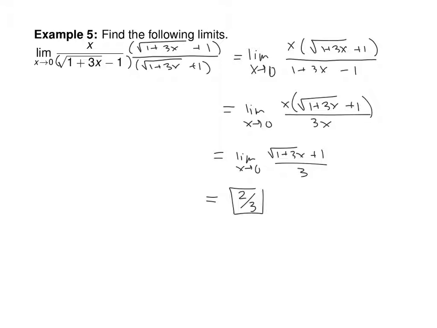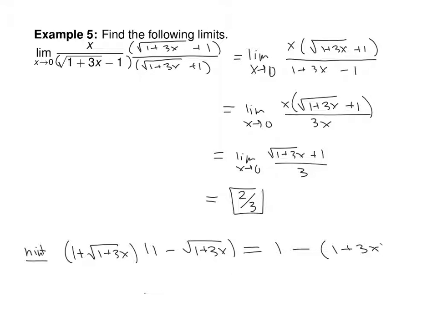If you do conjugates, as a hint, if you had done 1 plus root 1 plus 3x times 1 minus root 1 plus 3x, be careful with parentheses. That will be 1 minus the quantity 1 plus 3x. Just be careful of stuff like that.